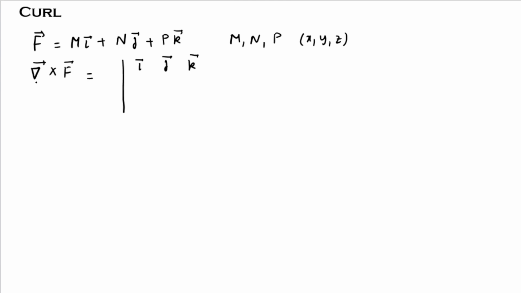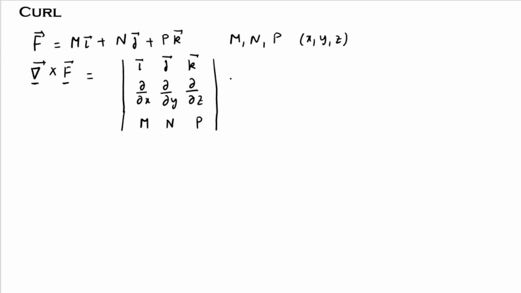Since the del operator is appearing first, we write dou by dou x, dou by dou y, dou by dou z, and then f, which is given by m, n, and p.